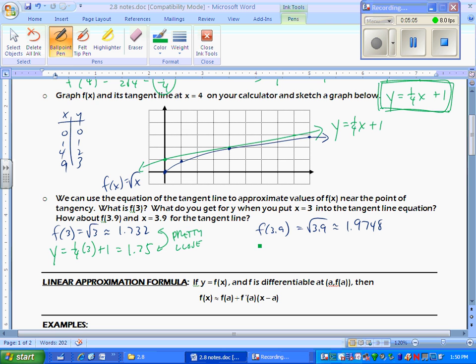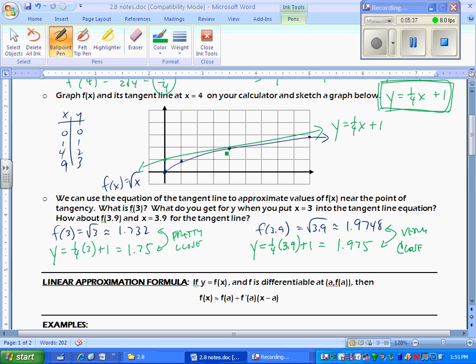Now, if we put 3.9 into the equation of our tangent line, 1/4 times 3.9 plus 1, that comes out to 1.975. So as you can see here, these two are very close. 3.9 is really close to 4, so that makes our approximation even closer by using that tangent line.